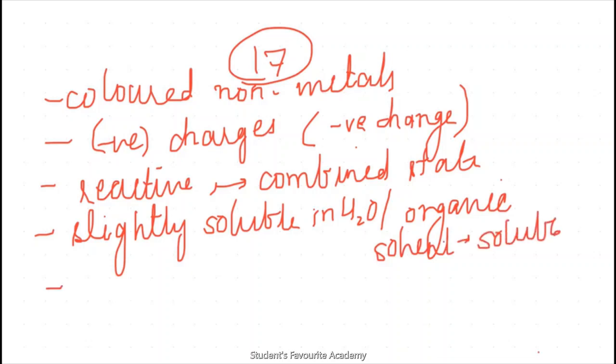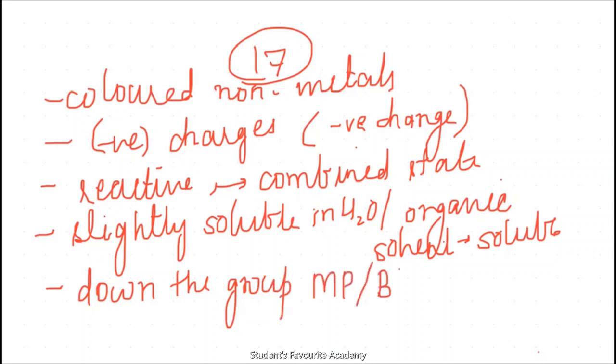Now the next point, children, is that their melting and boiling points increase regularly moving down the group. Means what? For fluorine it will be a bit lower, then as we move down the group, what you will write? Down the group MP and BP increase, boiling point increases. And the last point of course is that they are very good oxidizing agents.